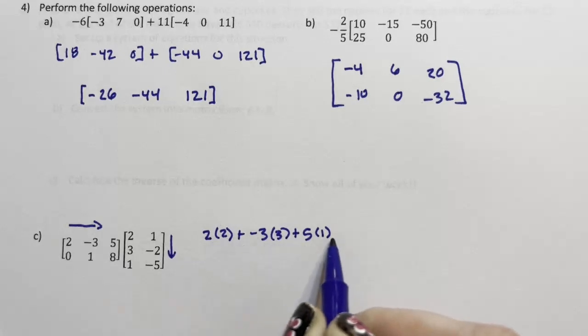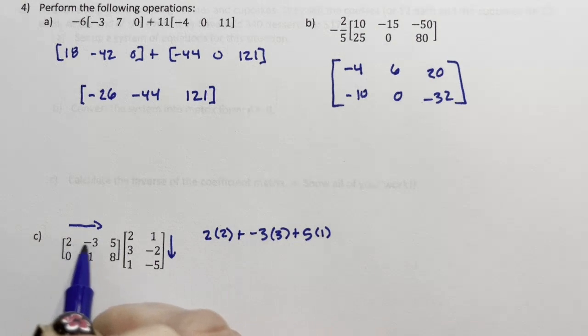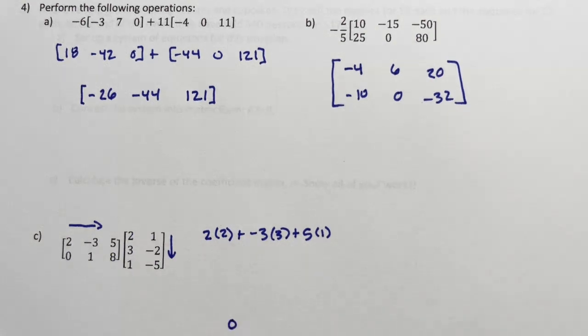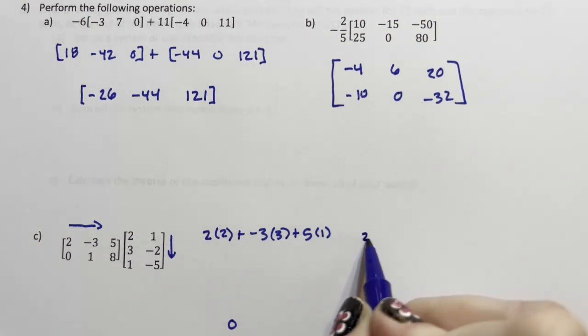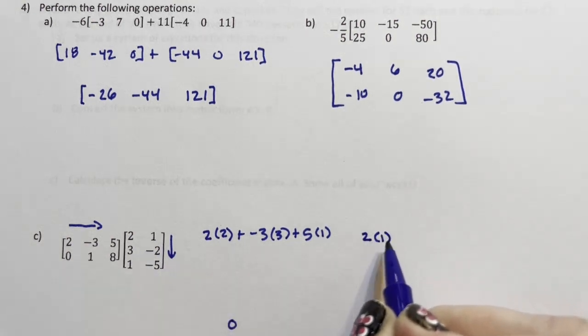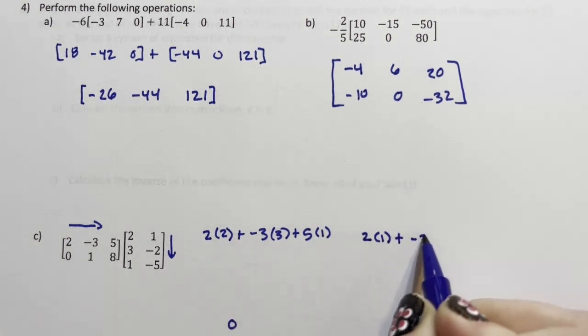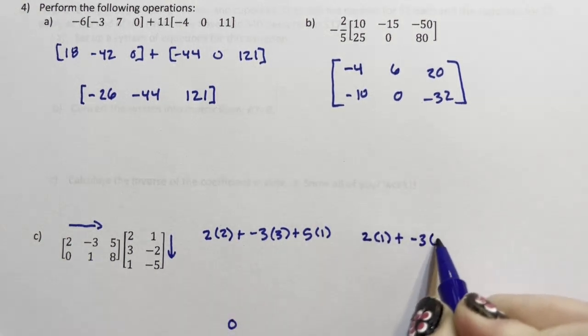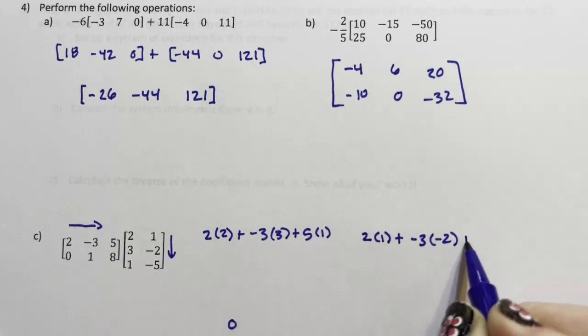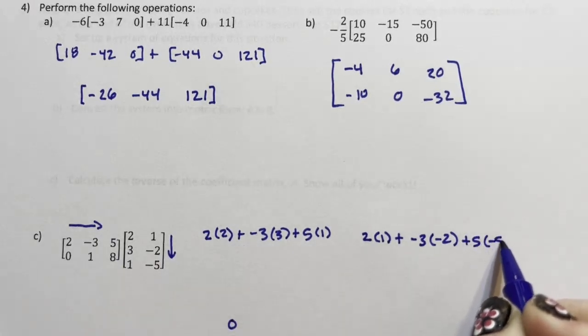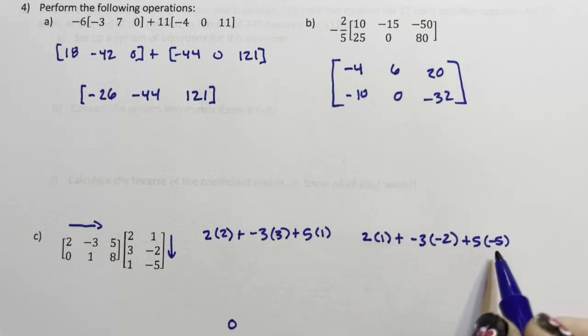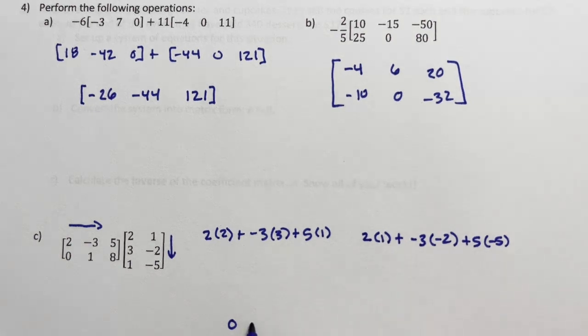And when we do all of these calculations, we get the number for the first row, first column of our answer matrix. Then we do this 2 multiplied to this 1, and we add to that the -3 times the -2, and we do the 5 multiplied to the -5. If we do 2 plus 6 minus 25, which is -17, we get the number in the answer matrix in the first row, second column.